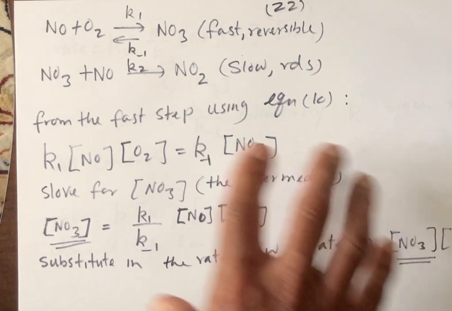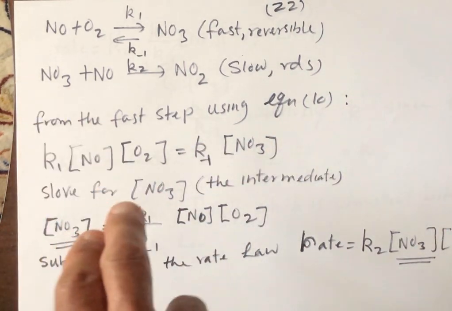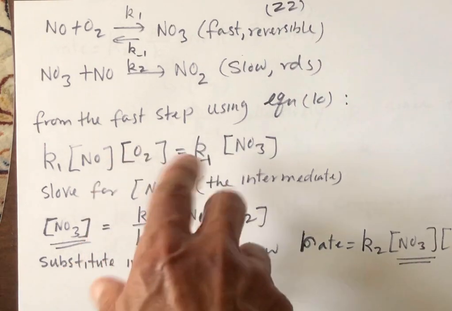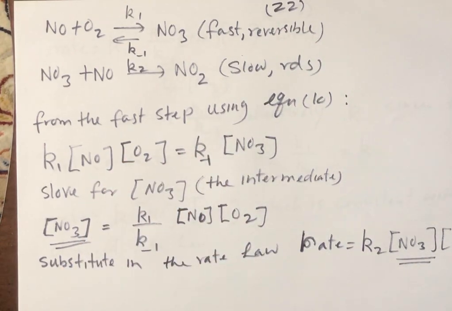So I'm basically using equation 10 here. K1 times NO times O2 equals K minus 1 times NO3. And then we are going to solve for NO3, because that is our intermediate and we want to get rid of it. We want to solve for NO3 in terms of the other components, namely NO and O2.